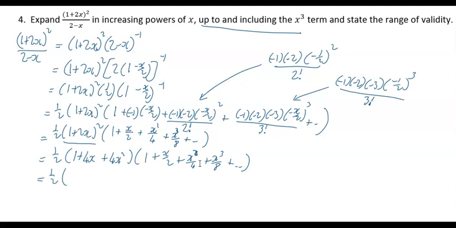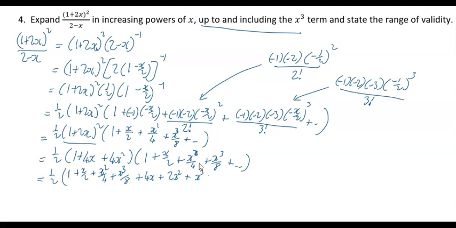Okay, so if you do that out, what you're going to get is 1 plus x over 2 plus x squared over 4 plus x cubed over 8 plus 4x. So this is my 4x times 1, and then I'm doing 4x times x over 2, which is going to give you 2x squared, and then 4x times x squared over 4, which is just going to give me x cubed.